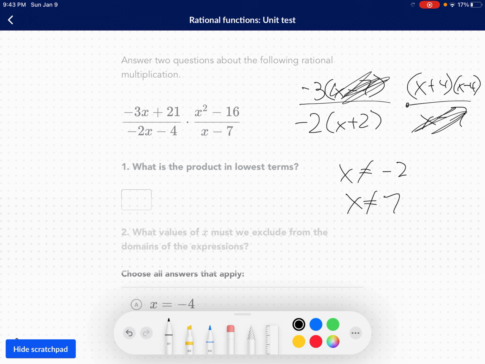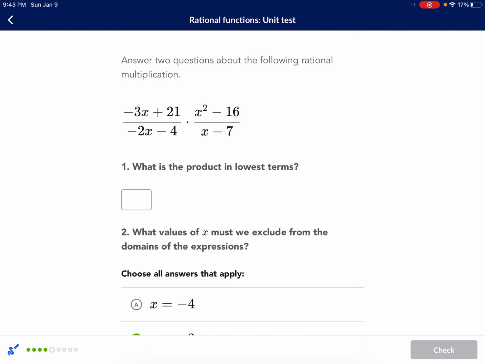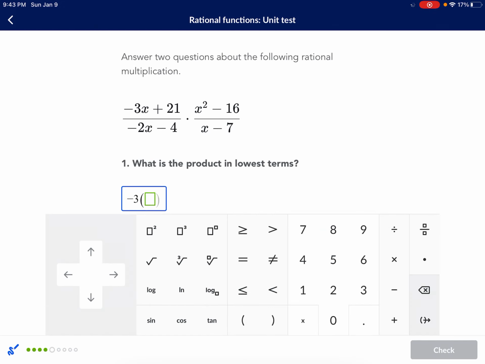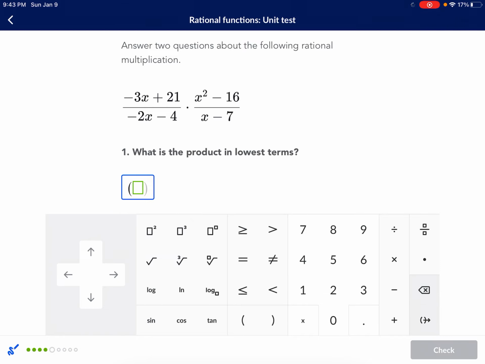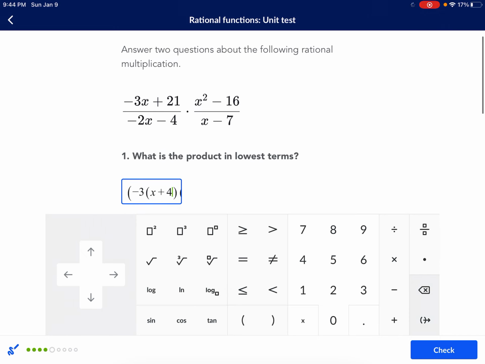Get rid of this, and so it's negative 3, x plus 4, x minus 4, over negative 2, x plus 2. That should be it. Negative 3, I'll put multiple parentheses, negative 3, x plus 4, and also I'm putting multiple parentheses so it can recognize it as a fraction, x minus 4, another parentheses, right?